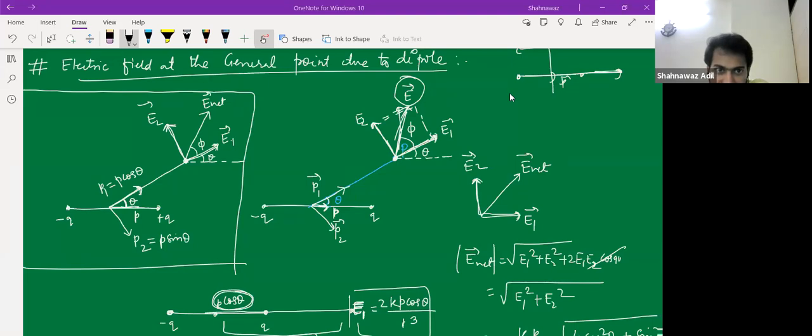What I wanted was to write those formulas of the general point, but that is not clear, right?